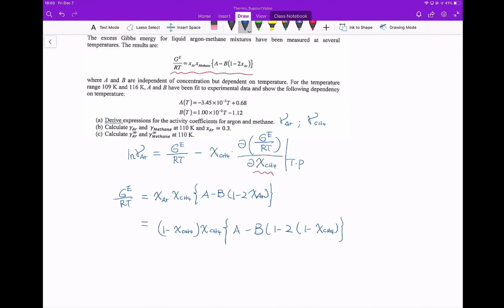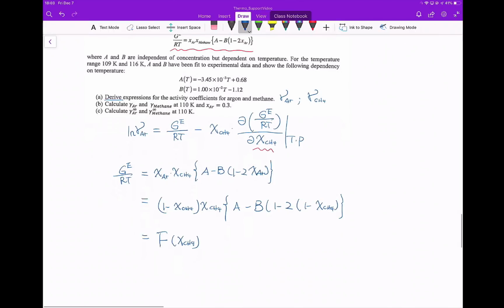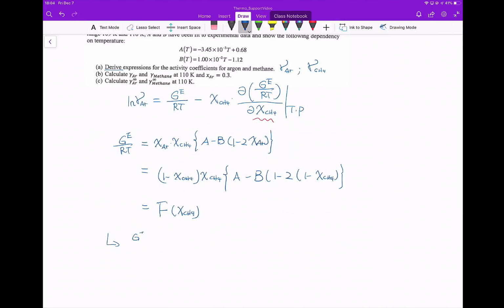Okay. Then you just simplify this term as a function of X CH4. Then you can solve for GE over RT with respect to X CH4.